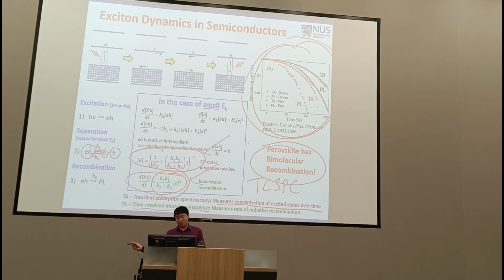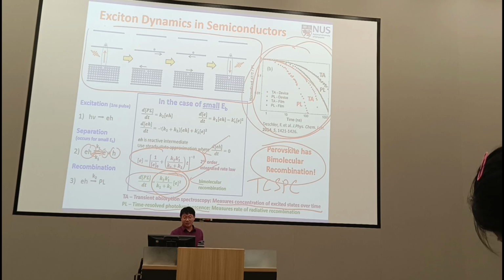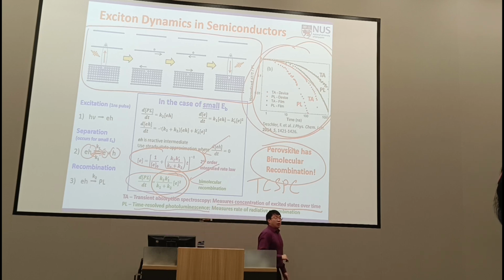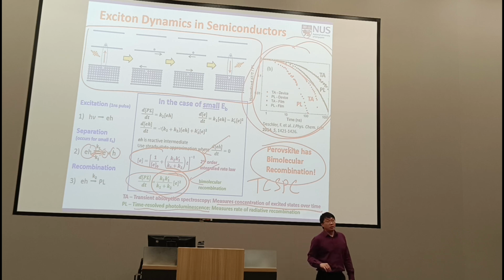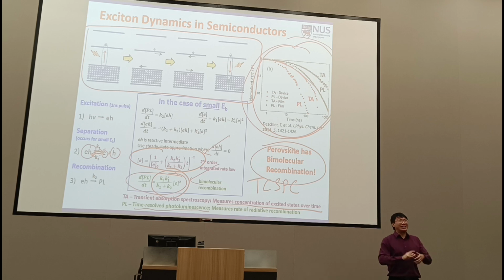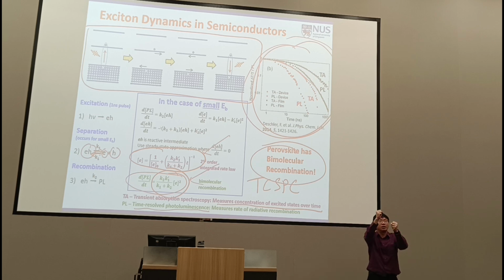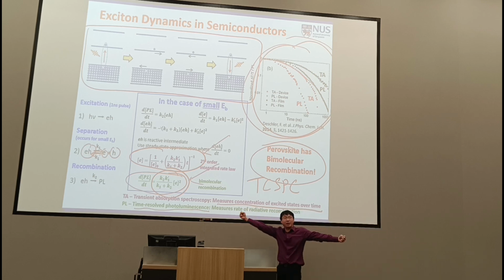And by the way, what is bimolecular recombination? This is bimolecular recombination. Of course, you'll be asking, why is it called bimolecular recombination? Because it requires the meeting of electrons and holes. You need two things to come together to form PL. You need electrons and holes that separate and then come together to give you photoluminescence.